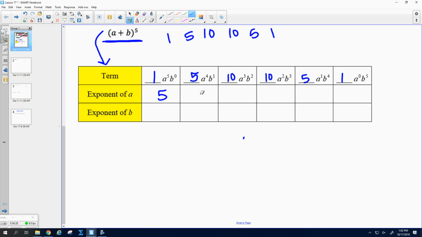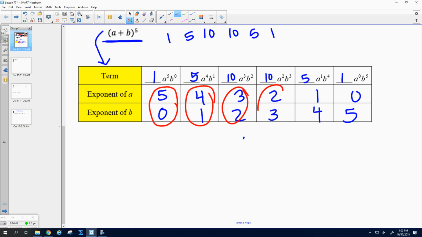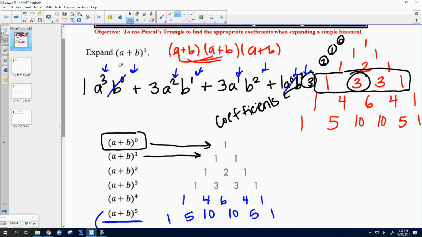They're going 5, 4, 3, 2, 1, 0. What's happening to the exponents of my b's? They're going 0, 1, 2, 3, 4, 5. Notice, what do these always add to? 5, every time. Your exponents within every single term should always add to whatever the exponent is here. So these always add to 3 in every term, okay?